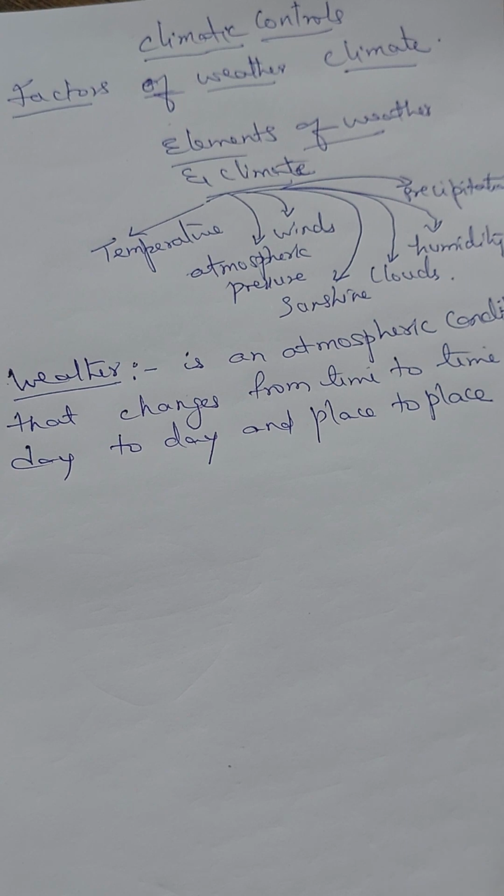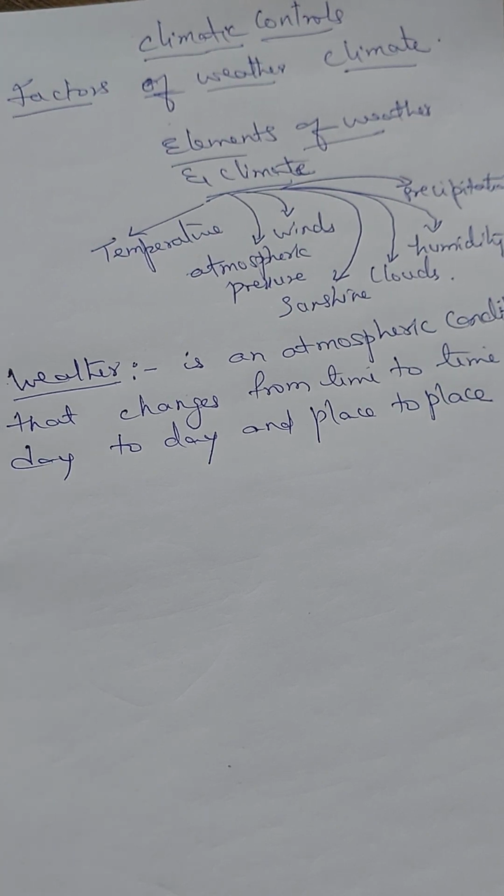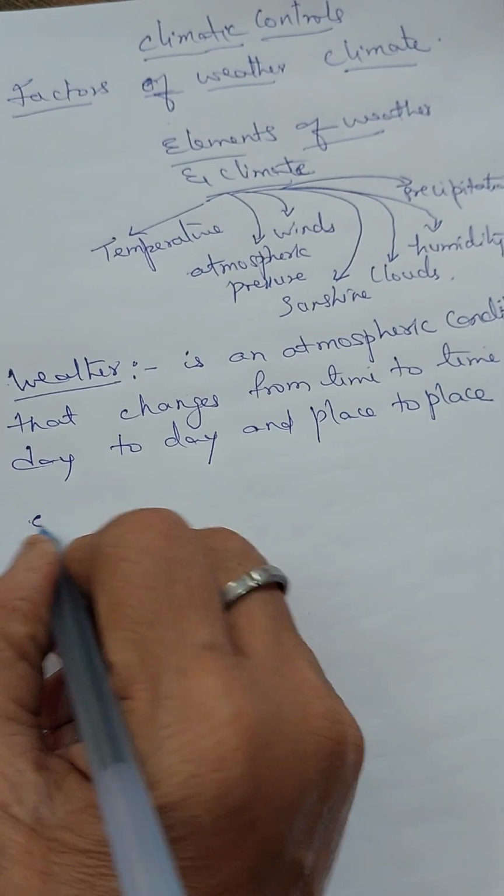One place can be too sunny, another place too cloudy. So different weather will be there in different places. That is the weather which frequently changes. Sometimes we go outing, if there is pleasant weather, we say today is very pleasant weather. Every day we do not find that much pleasant. That means it changes.